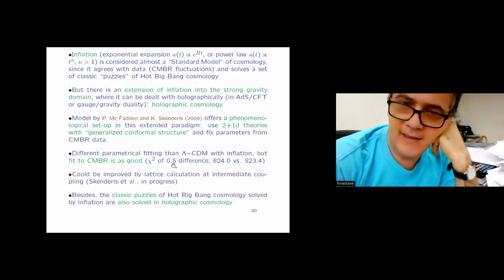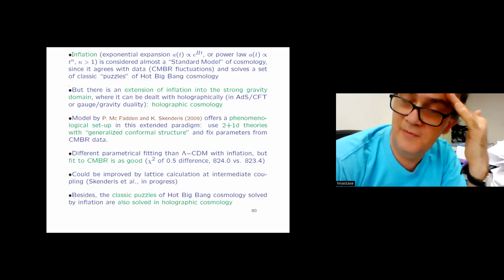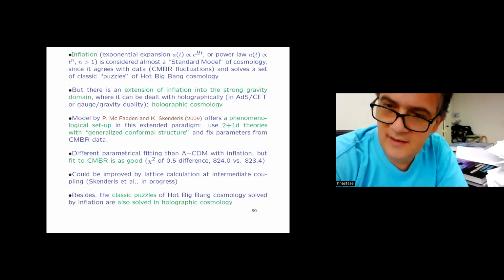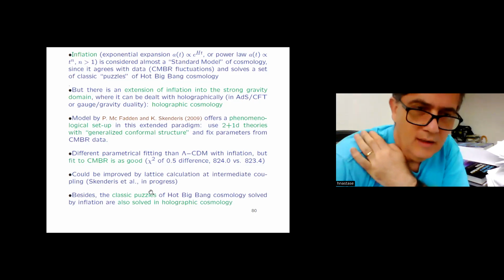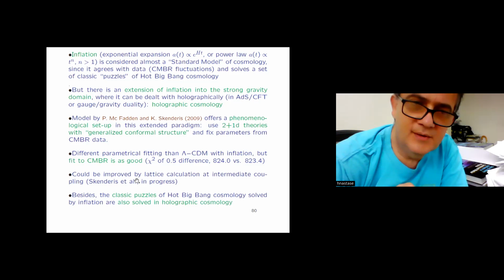So chi squared has a difference of 0.5. One says when the chi squared difference is less than 1, the fits are indistinguishable. So in one case we have chi squared of 824.0, and the other 823.4.